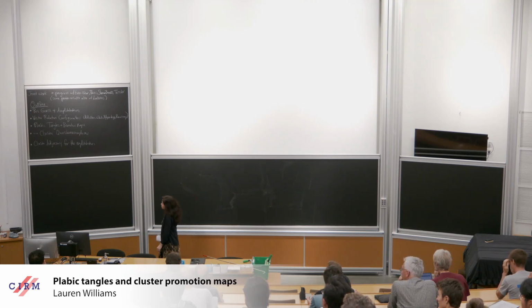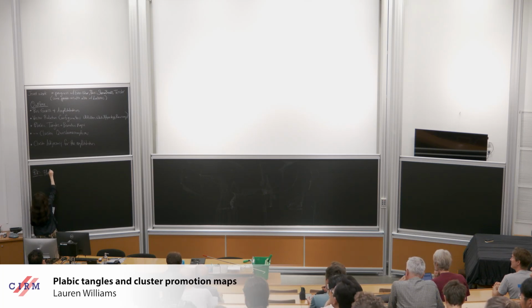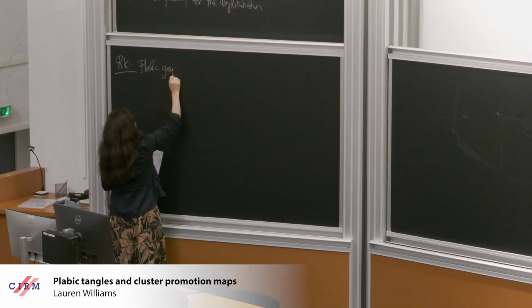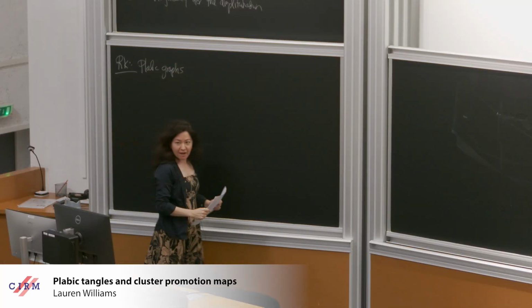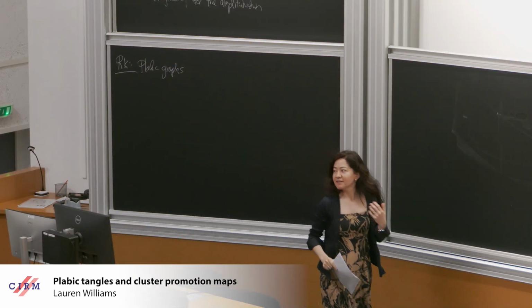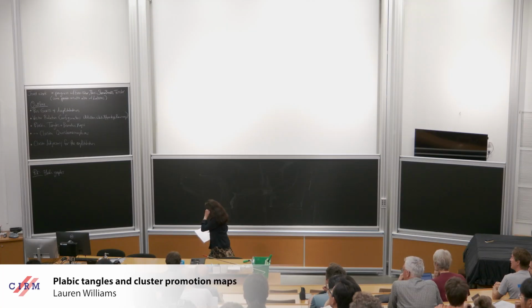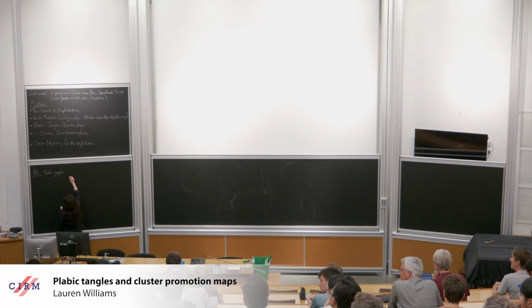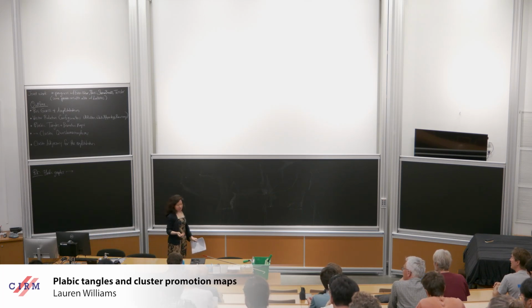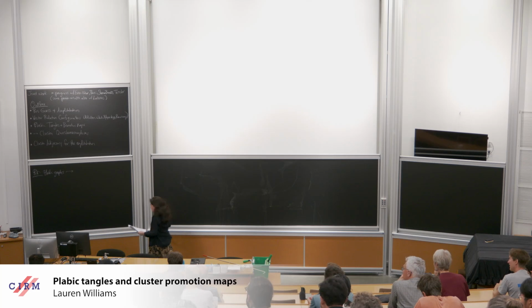And so before I begin for real, I just want to make a remark that Plabic graphs, or planar bicolored graphs, the graphs we saw in David's talk in the last hour, and here I'm talking about embedded in a disk. These have traditionally been used in a couple of ways.